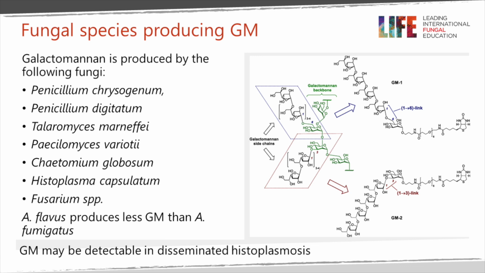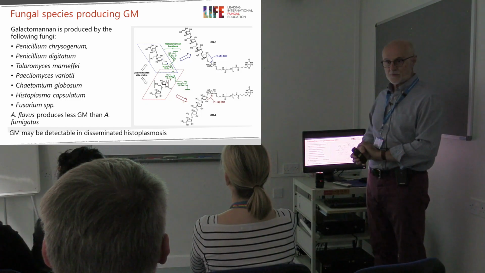So, as I've already hinted, Galactomannan is produced by a whole range of agents of hyalohyphomycosis, including Penicillium species, Talaromyces or Penicillium marneffii, a common environmental mould like Histoplasma, other environmental molds like Chaetomium, but also, as we'll touch upon very briefly, Histoplasma capsulatum and Fusarium species.